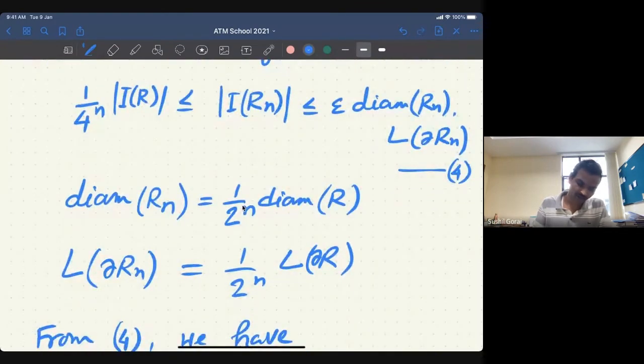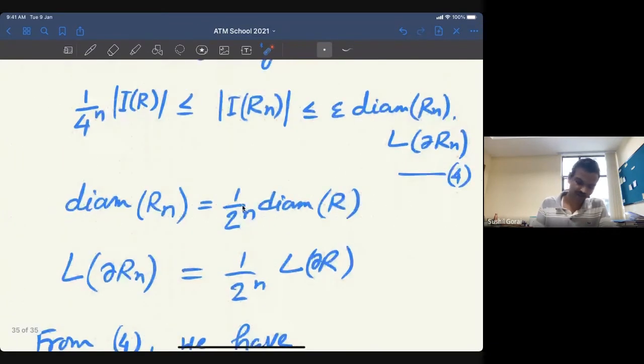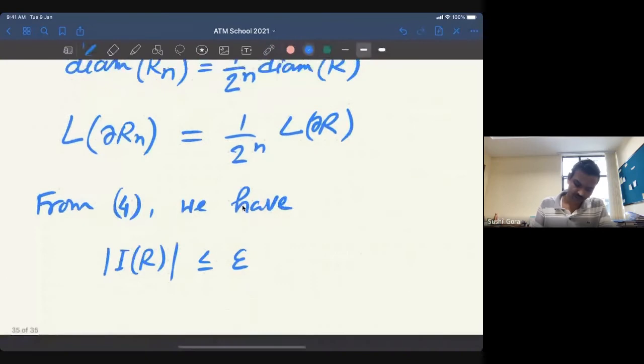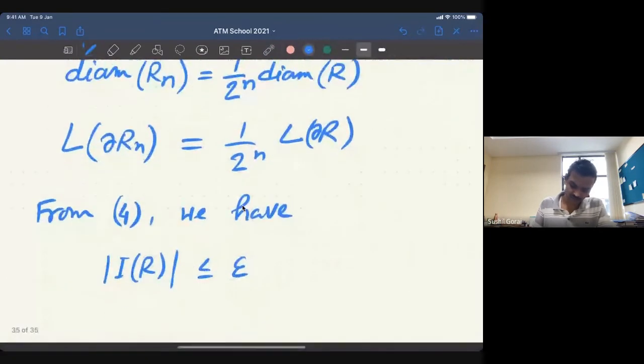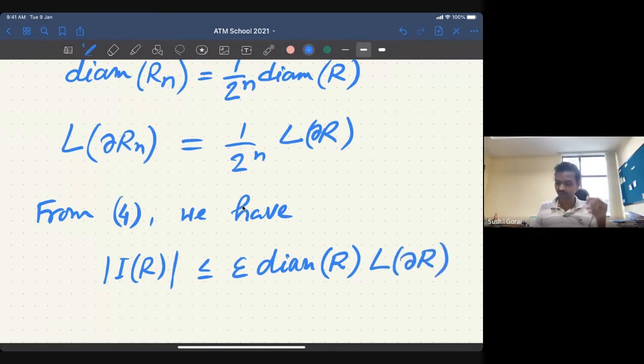So this 1 over 4 to the power n cancels with this one. If you put it here and here, this one will be the diameter of R and then the length of del R. All right, but see here, epsilon was arbitrarily chosen, so the integration has to be 0.